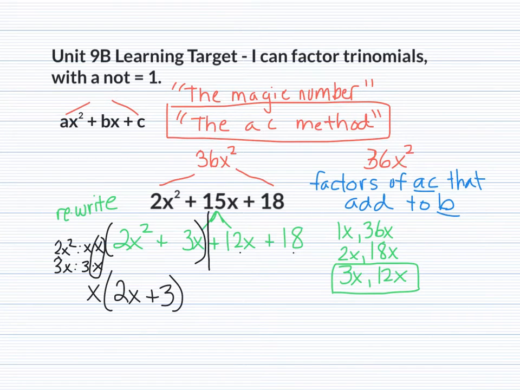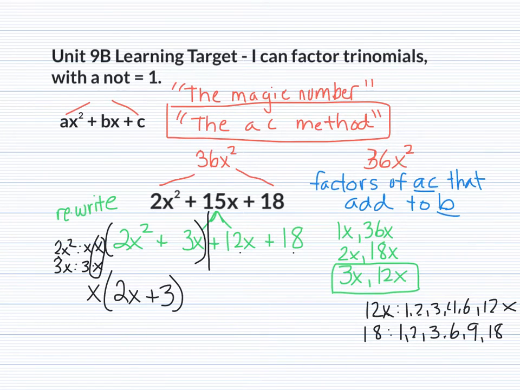Okay, how about here? 12x and 18. Okay, I'm going to do a little quick scratch over here. Well, my factors of 12: 1, 2, 3, 4, 6, 12. And 18: 1, 2, 3, 6, 9, 18. Okay, no x, so they don't have that in common, but the biggest number they both have is a 6.